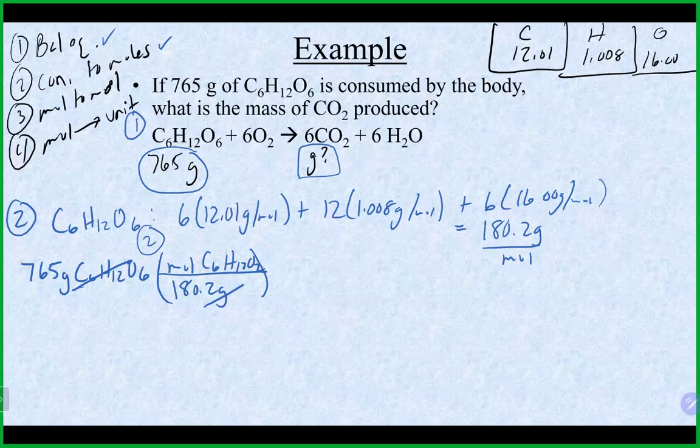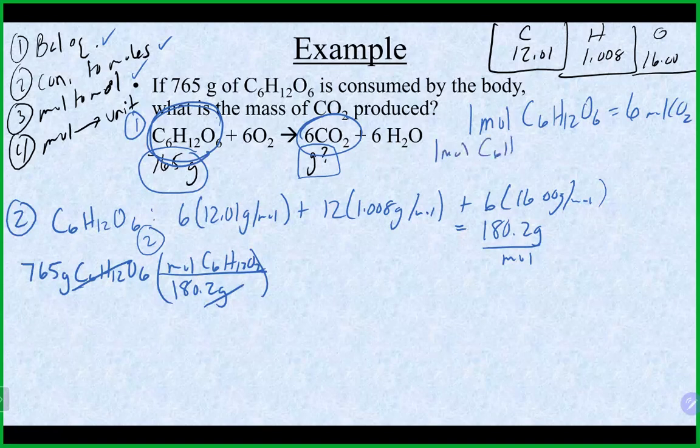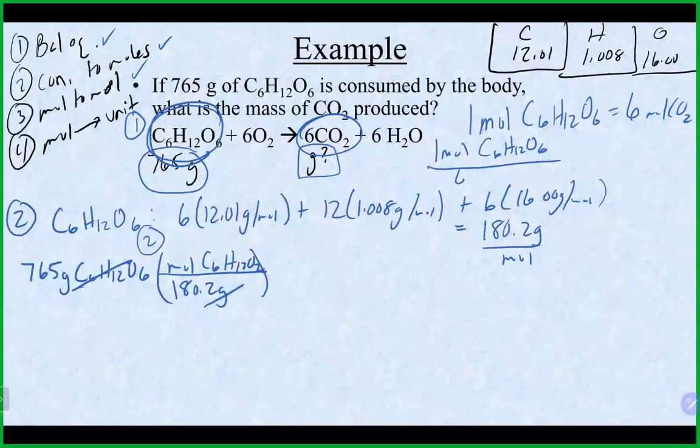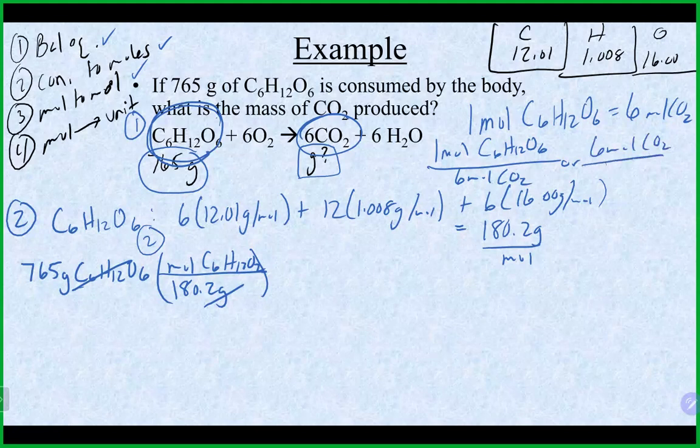I can see the moles of the C6H12O6 are up on top. I need it in the opposite location. But I'm going to do step number 3, which is go to the equation. So I'm interested in this one, and I'm interested in what I'm finding. And I can see from the equation, for every 1 mole of that C6H12O6 I put in there, I get 6 moles of CO2. And again, that is what's going to give me my conversion factors I could use. 1 mole C6H12O6, 6 moles of CO2, or 6 moles of CO2, 1 mole C6H12O6.